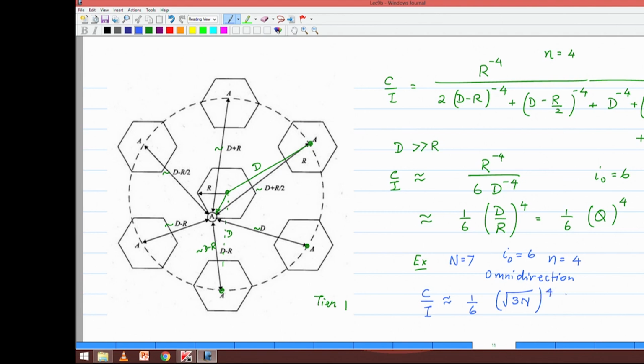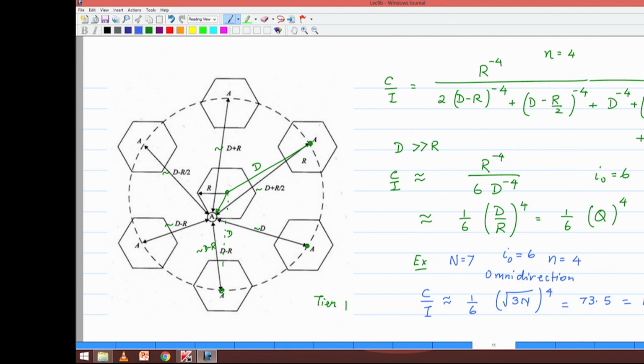So this can be estimated. This comes out to be 73.5, which is approximately 18.7 dB. So the statement that we can make is, if I use a 7-cell cluster with omnidirectional antennas, the interference from the tier 1 interferers is going to result in a C over I of approximately 18.7 dB.